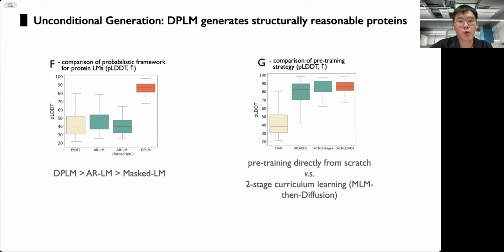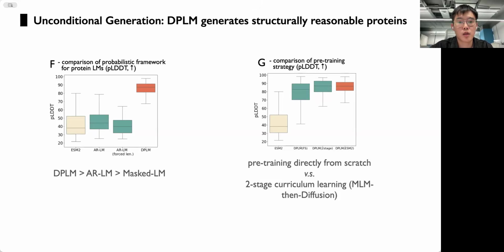No, we didn't. But for protein gym, yes, we want to test our model on this benchmark, but we don't have a result right now. If we have any updates, I will update the results in our arXiv version.